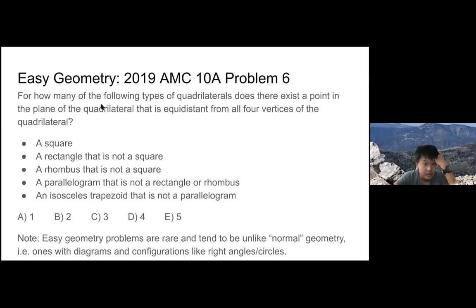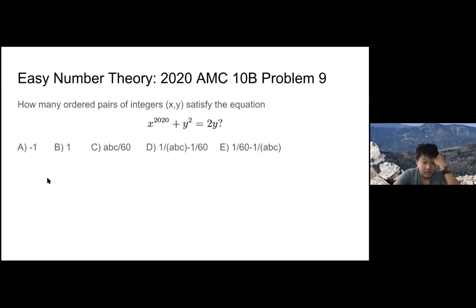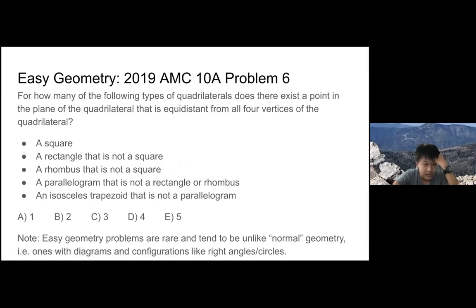Okay, let's move on to the easy geometry. Easy geometry. This one's a bit of a word problem, but usually easy geometry is really rare. For how many of the following types of quadrilaterals is there a point in the plane of the quadrilateral? That just means it's in 2 dimensions. That's equidistant from all 4 vertices.